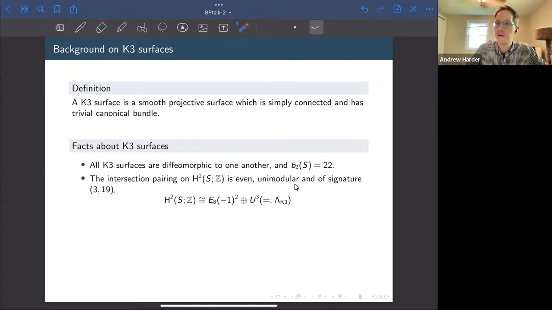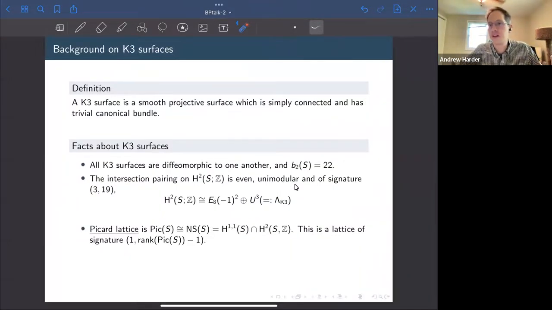As a consequence of this and the classification of even indefinite unimodular lattices, the intersection pairing on H2 of a K3 surface gives us E8 squared, twisted by -1, so a negative definite E8 lattice, plus 3 copies of the U lattice. The U lattice is given by this matrix right here; it's the unique indefinite, unimodular, even lattice of rank 2. We'll call this the K3 lattice.